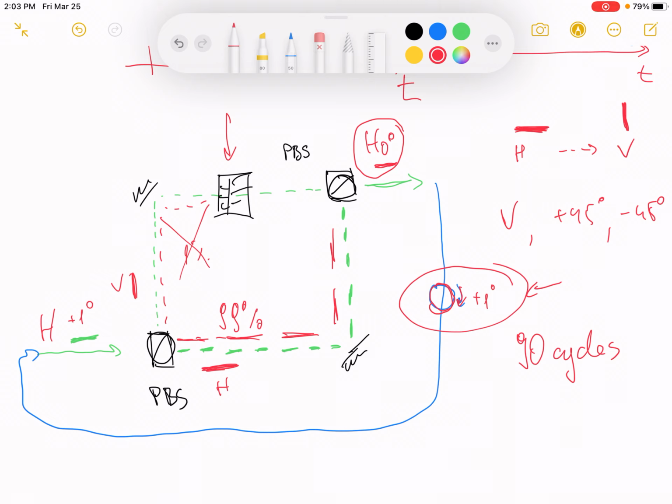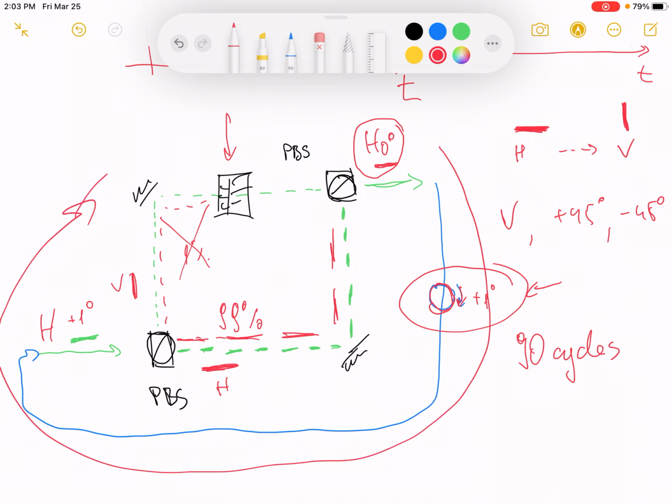And if we have a brick wall in the middle, and we again make the same 90 cycles through the interferometer, what do you expect to see after 90 cycles? What photon polarization do you expect here?